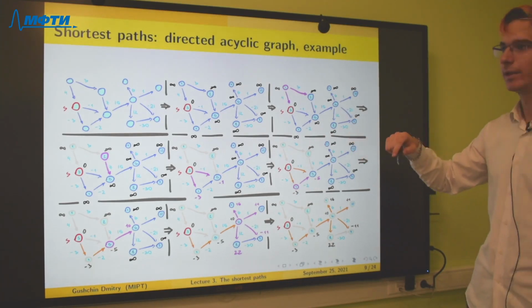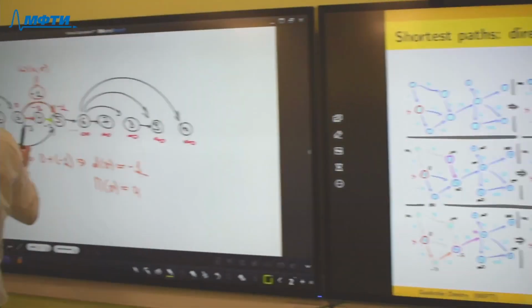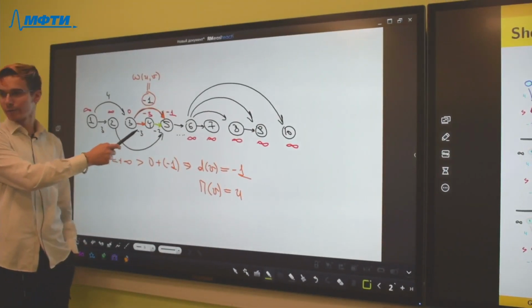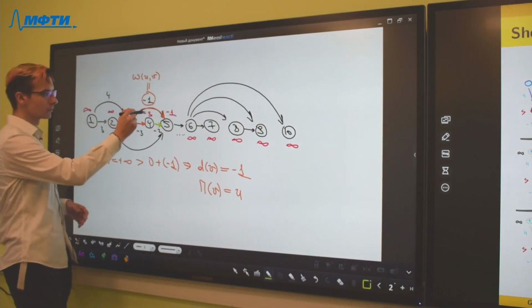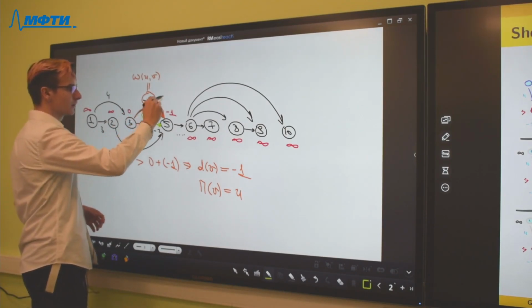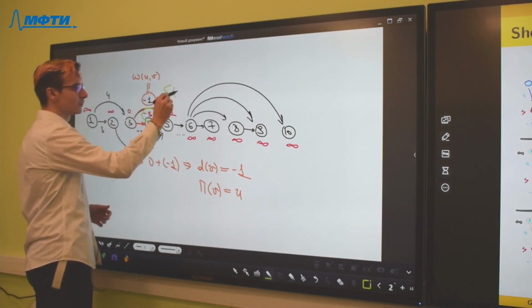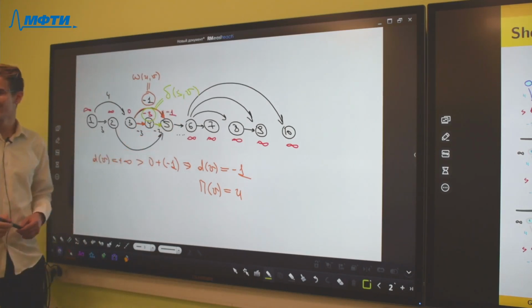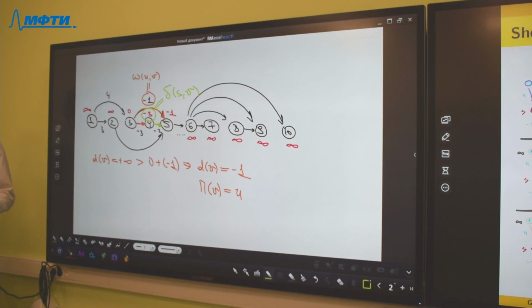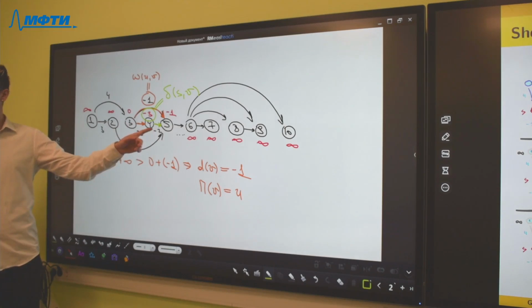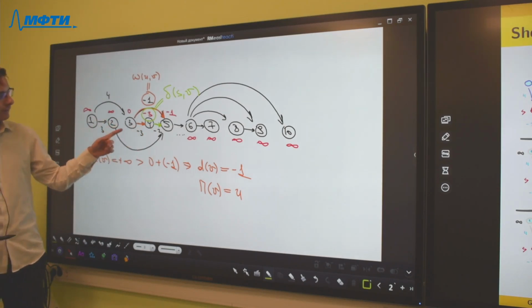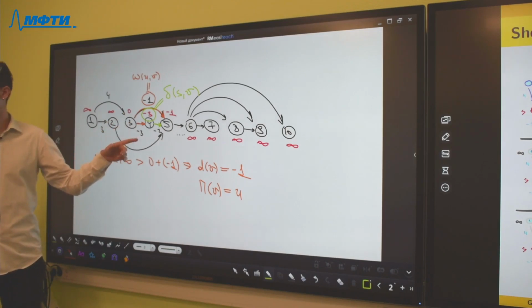If we relax this edge between the third and fourth vertex only one time, then our distance will be equal to -3, and it will be equal to delta from S to E. And it doesn't change any time when we relax other edges, because we have no paths from the third to the fourth vertex that have weight smaller than -3.